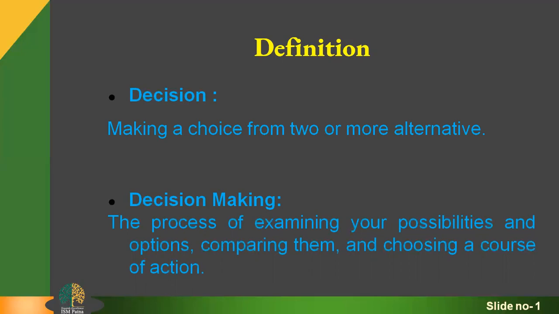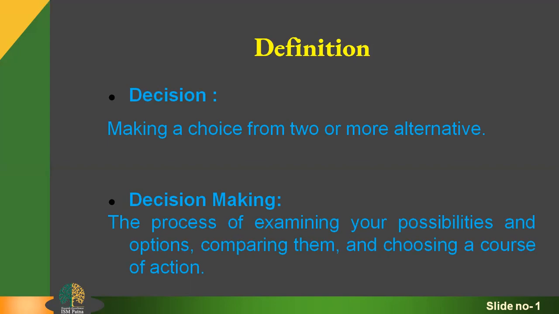What does the word decision reflect? If we go with the lexical meaning of this word, from the dictionaries, you will get that it is selecting an action from available multiple alternative actions, or selecting a choice from two or more alternative choices.